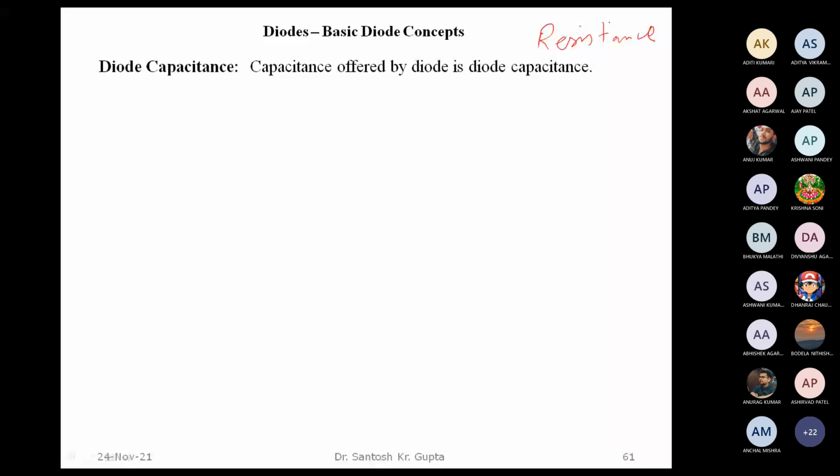There we saw that mainly there are two types of resistances which we define: one is for the DC operating point and another is for AC small signal. We can also define an average resistance for large signals. So those things we have already seen.